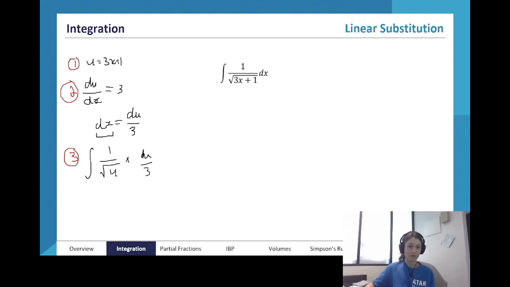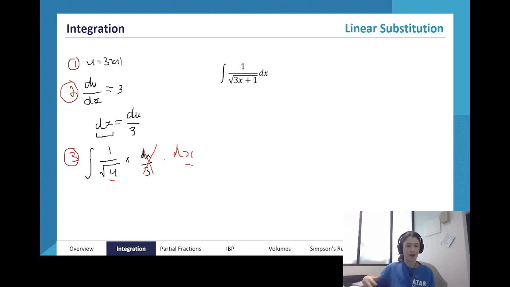Because if we had left the dx here, and we didn't have this du, we wouldn't be able to integrate it because we have one variable being u and one variable being x.